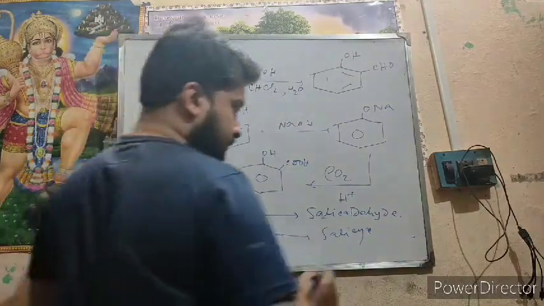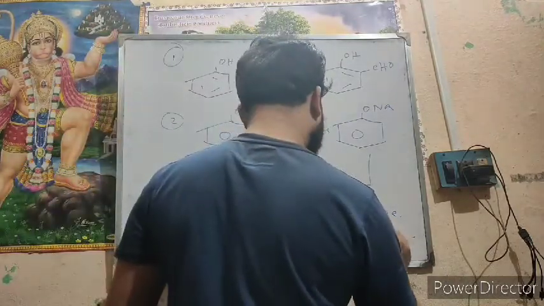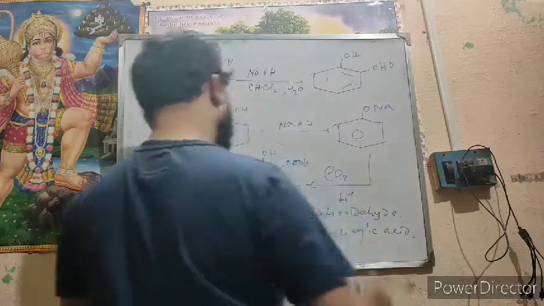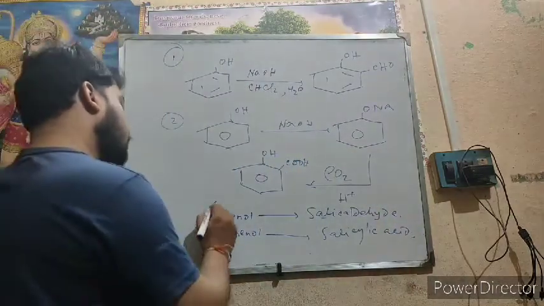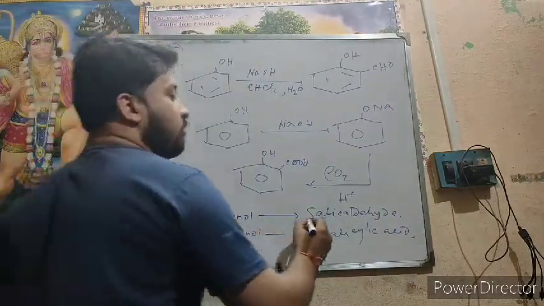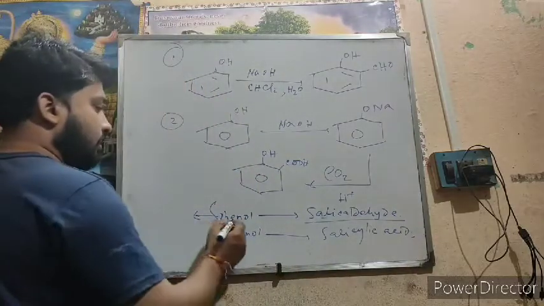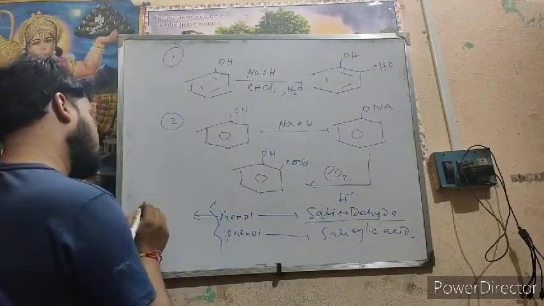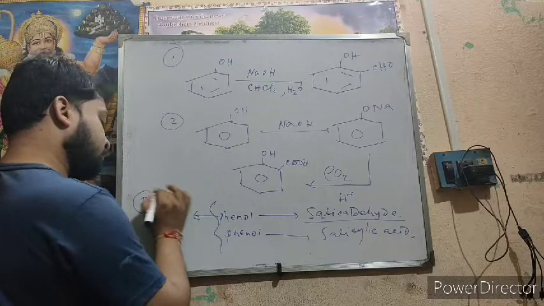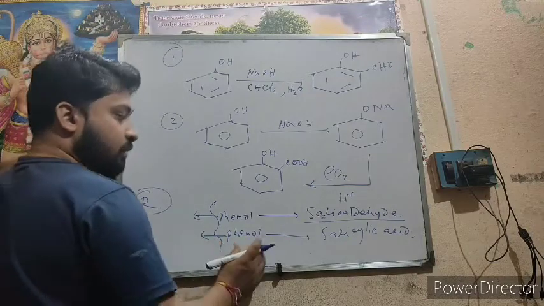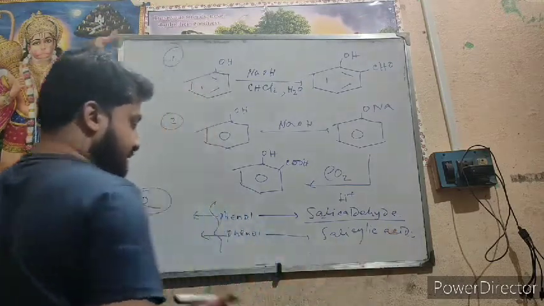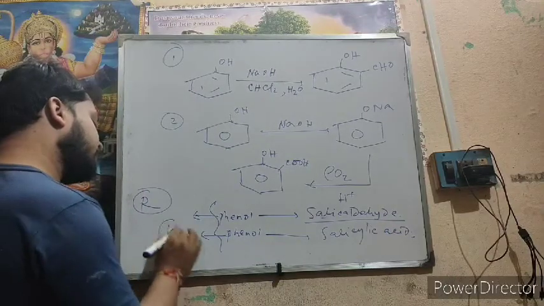These two are very important. When you want to prepare salicylaldehyde from phenol, you use the Reimer-Tiemann reaction, and when you want to prepare salicylic acid from phenol, you use the Kolbe reaction.